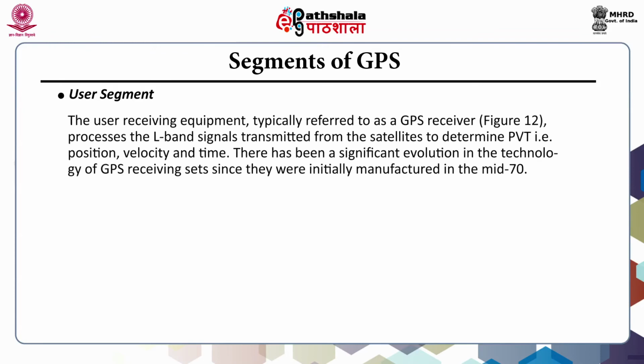The user receiving equipment, typically referred to as the GPS receiver as shown in figure 12, processes the L-band signals transmitted from the satellite to determine PVT, that is position, velocity and time. There has been a significant evolution in the technology of GPS receiving sets since they were initially manufactured in the mid-70s.